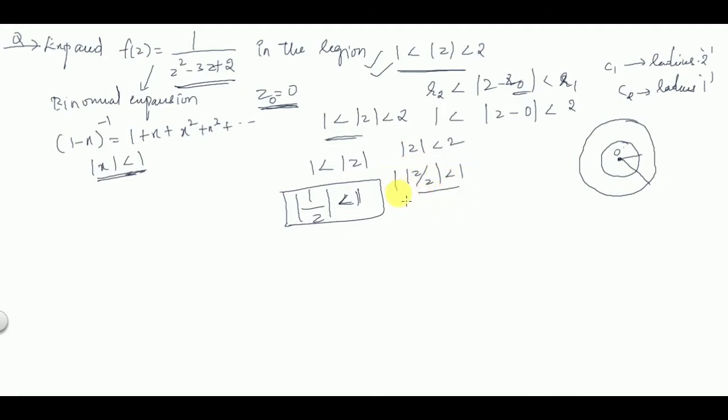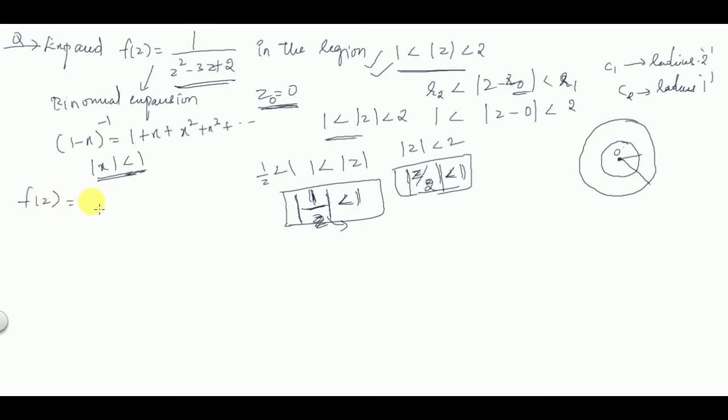For negative powers of z you have to take 1/z less than 1, and for positive powers of z you have to take z/2 less than 1. Let us see how to solve this.